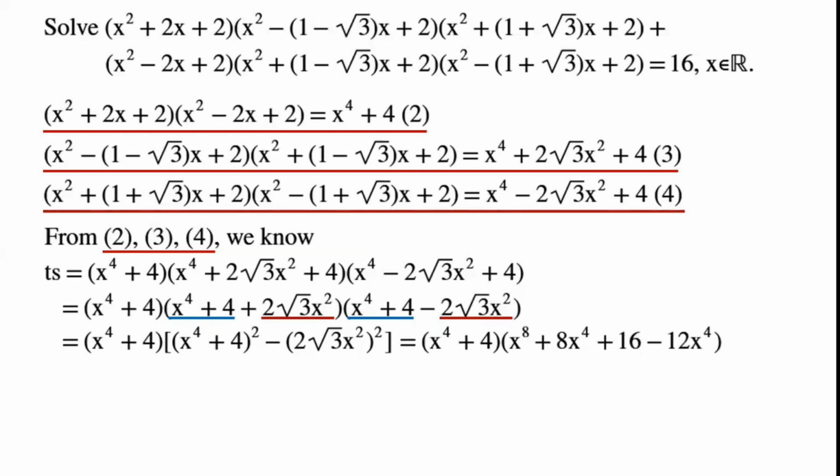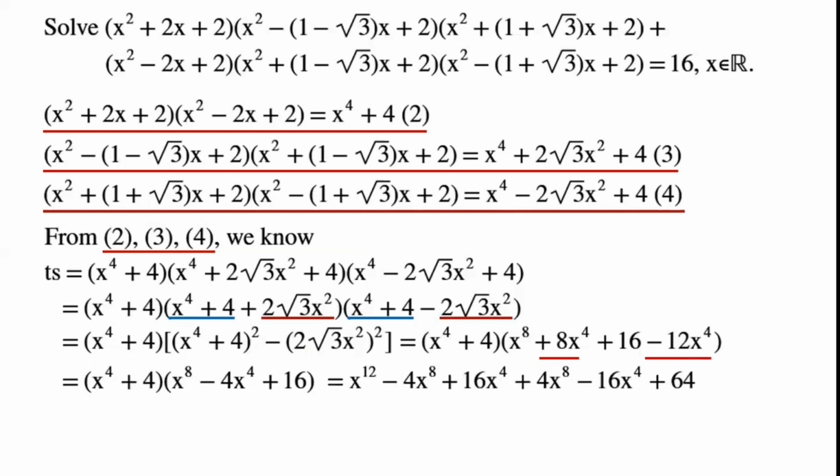They can also be written as x to the power of 8 plus 8x to the power of 4 plus 16 minus 12x to the power of 4. By collecting like terms, it can be simplified to x to the power of 8 minus 4x to the power of 4 plus 16.